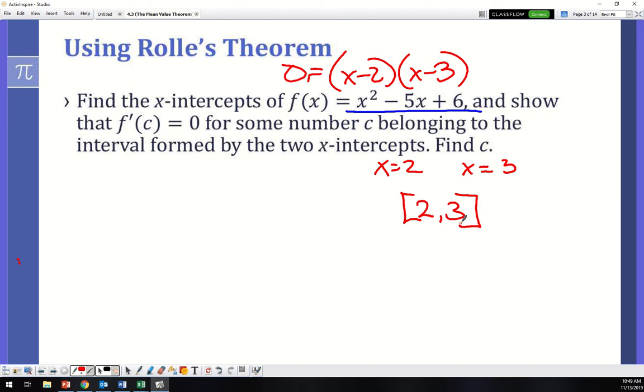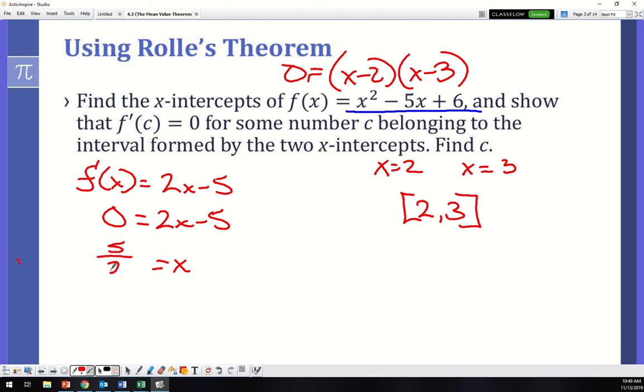So now let's go ahead and take the derivative. So f prime of x is equal to 2x minus 5. So 0 equals 2x minus 5. Add 5, so x is equal to 5 over 2, which gives me a decimal of 2.5, right? Yeah, it's 2.5.